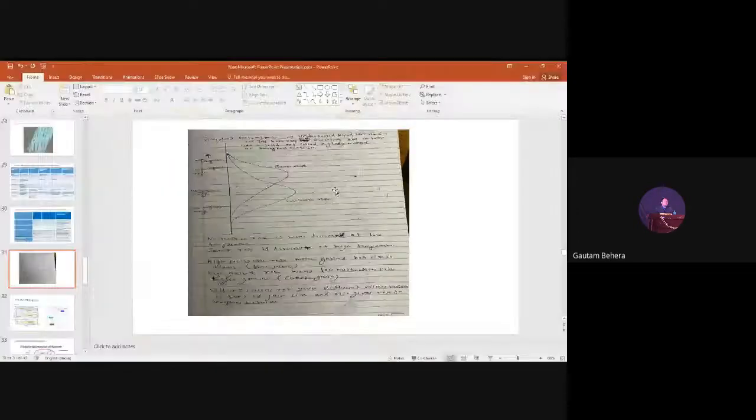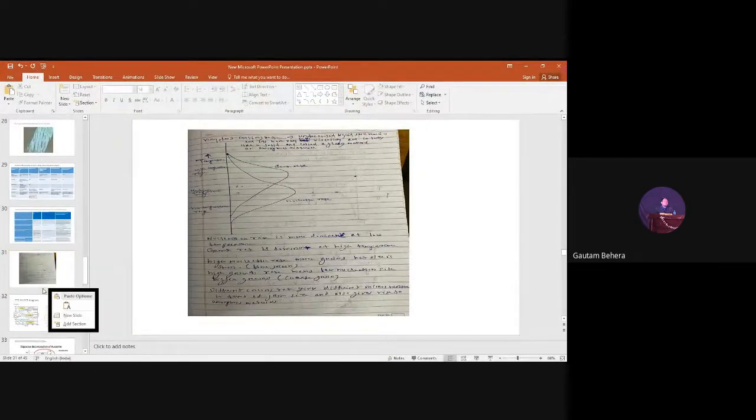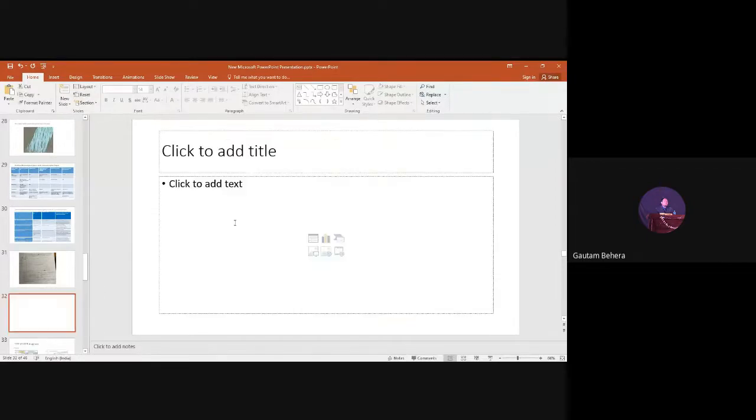Nucleation rate, you people understand, if the nucleation rate is higher, that means a greater number of nuclei will form. Okay, I'm writing here.